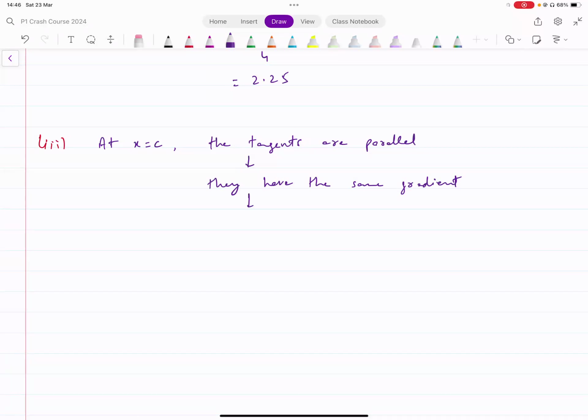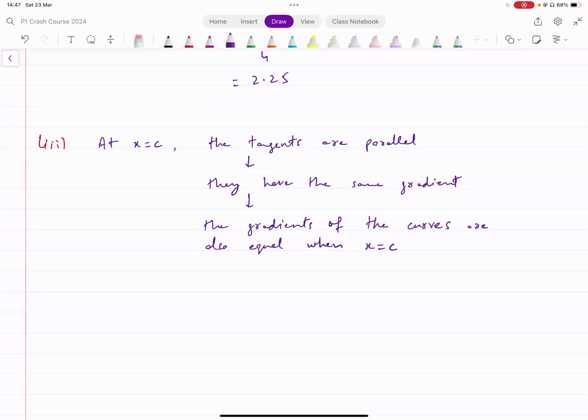And that implies that the gradients of the curves are also equal when x equals c. So basically, we're looking for that point at which the gradients of the two curves are equal.